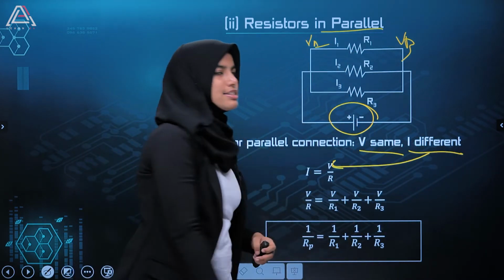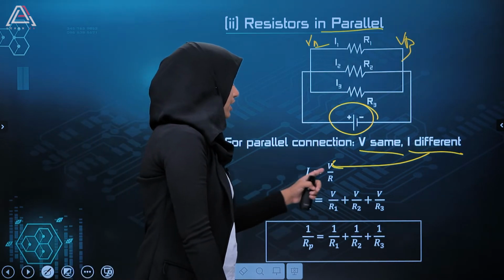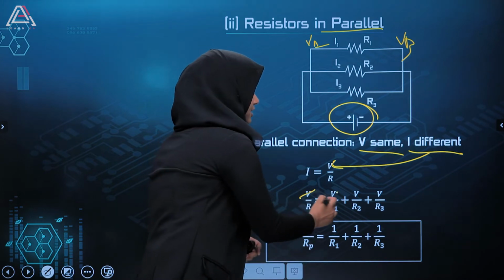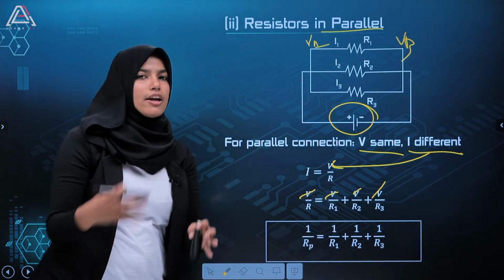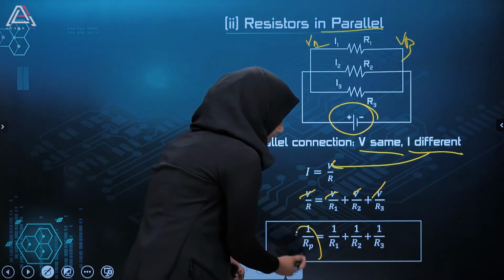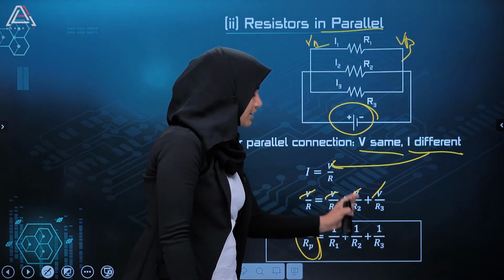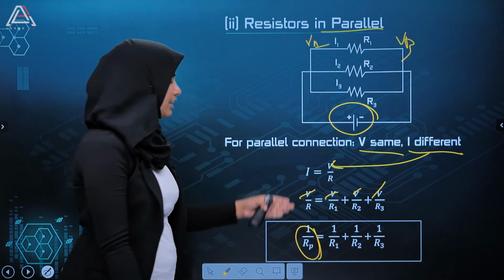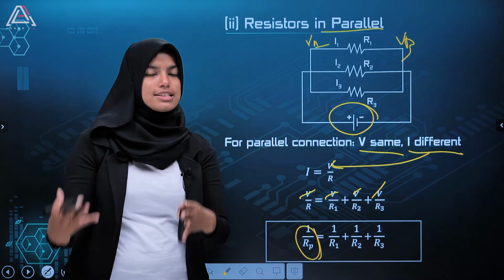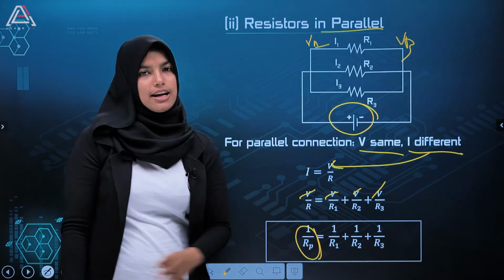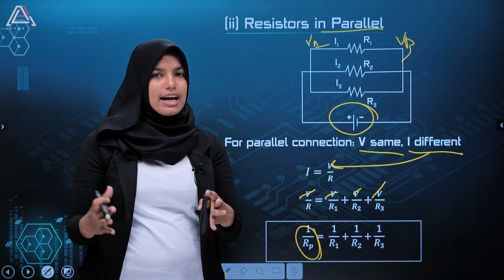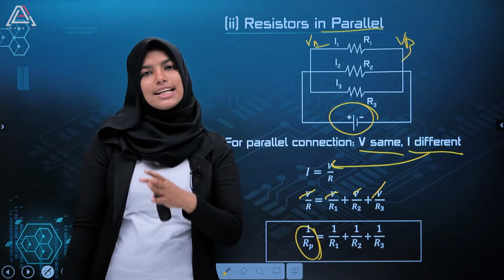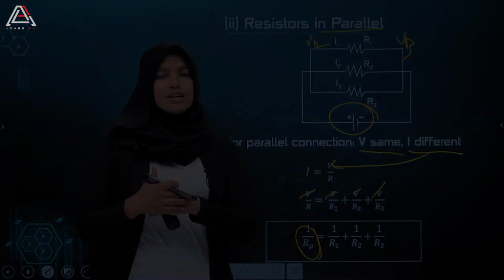We know that I is equal to V by R, so V by R is equal to V by R1 plus V by R2 plus V by R3. V gets cancelled everywhere. So if resistors are connected in parallel, we just have to take the reciprocal of each of these resistors and sum them up. That gives the total resistance of resistors connected in parallel. So this is how we analyze the total resistance of a circuit if it's connected in series or in parallel.